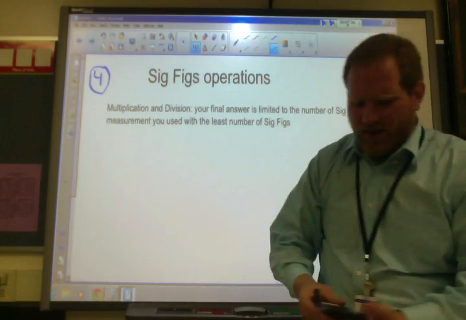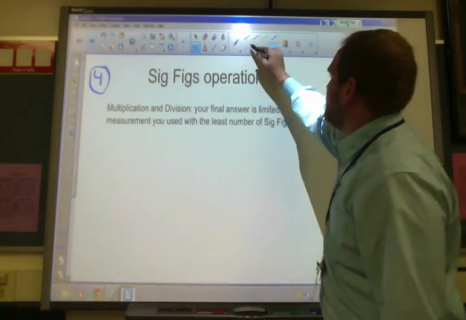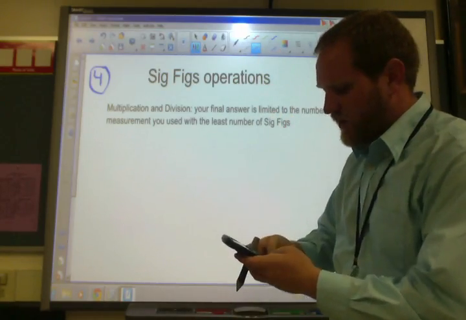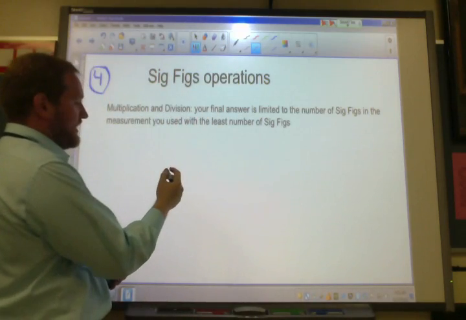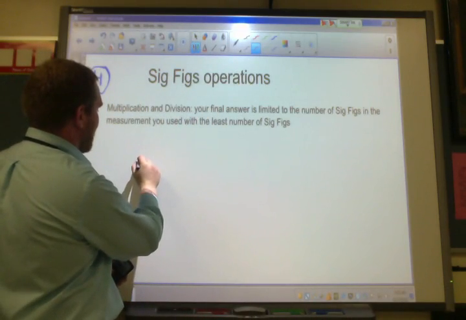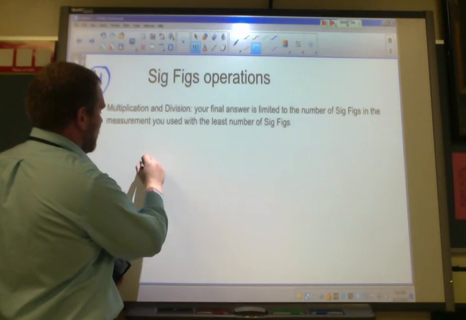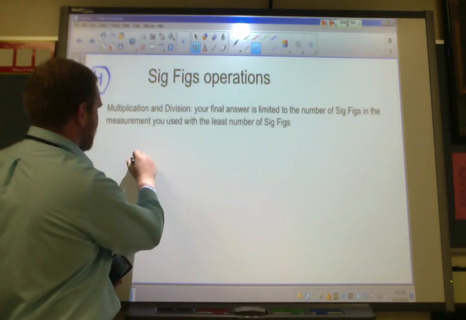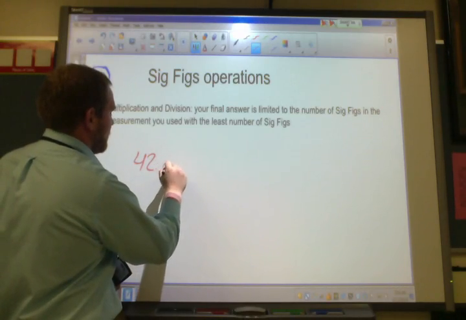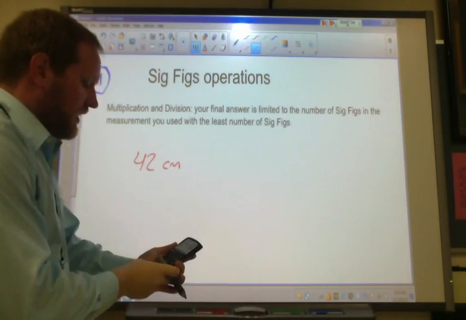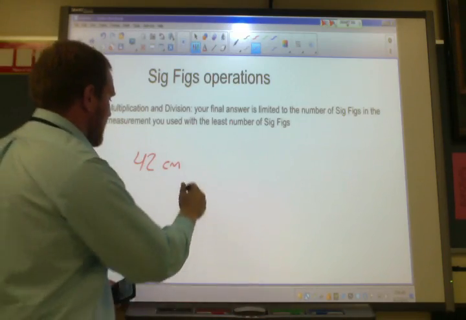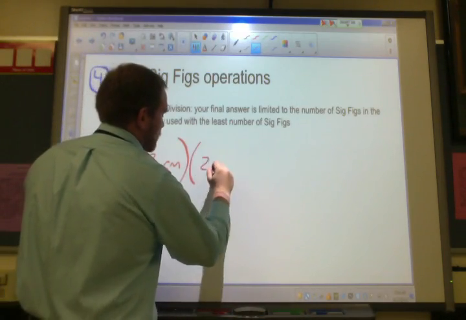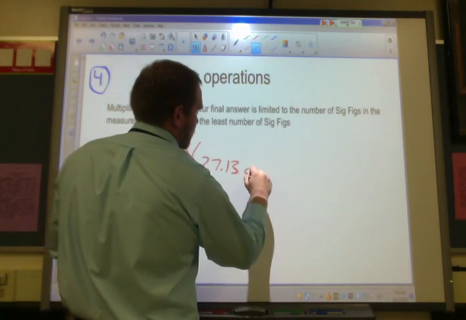Let's say you're doing some kind of calculation with area, length times width, and your lazy lab partner comes back and says this distance is 42 centimeters, and your proper-precision lab partner comes back and says the other distance is 27.13 centimeters.